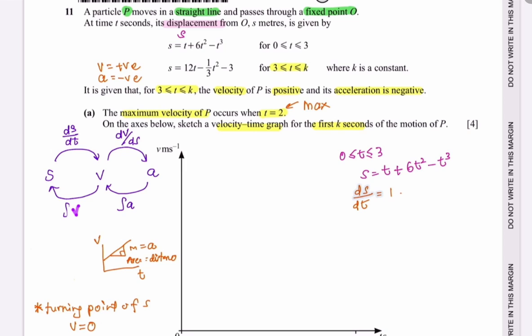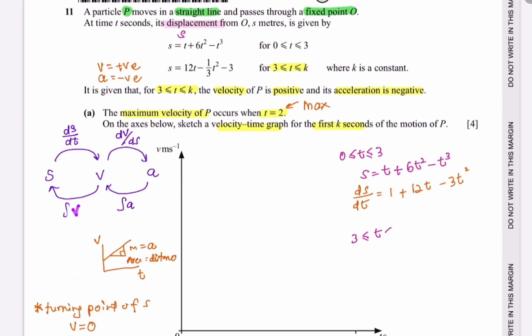So 1 plus, again power rule, 2 in front, 2 times 6, t to the power 2 minus 1, this will be 12t to the power 1. Again power rule, 3 brought in front, minus 1.